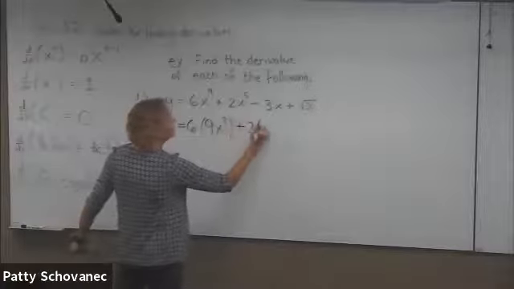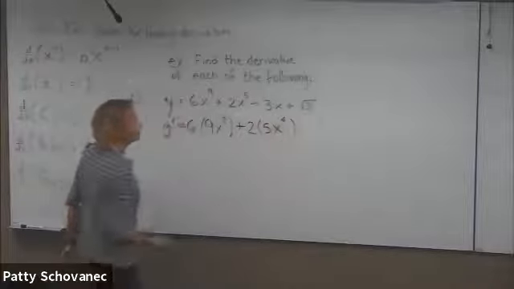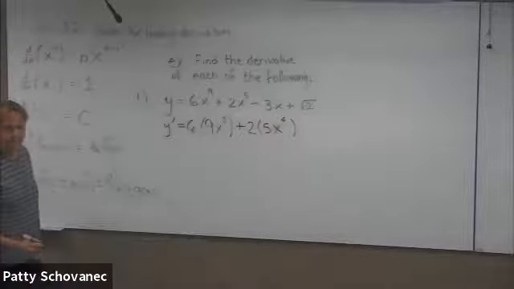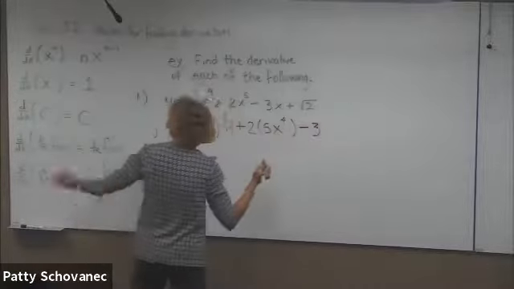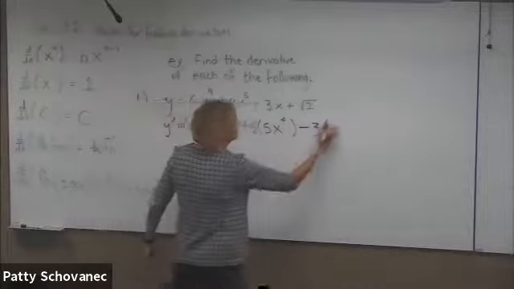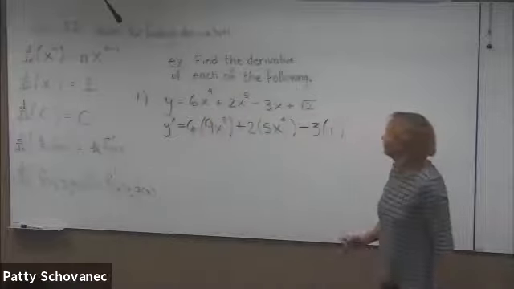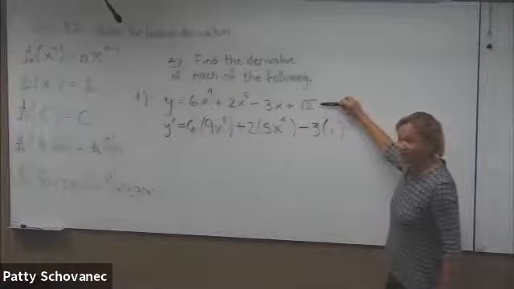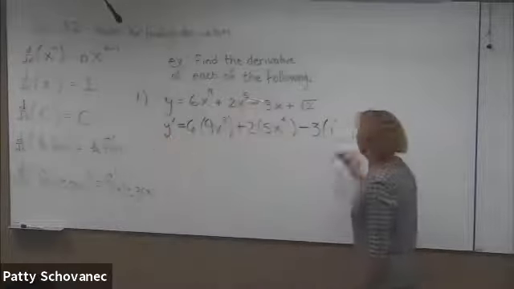Hang on to the 2, bring the 5 down, 1 power less gives me to the 4. Next term, I got a minus sign, so I can pull out the 3, the derivative of x to the first power, it's just going to be 1. Finally, the last term is just a constant. The derivative of any constant is 0.